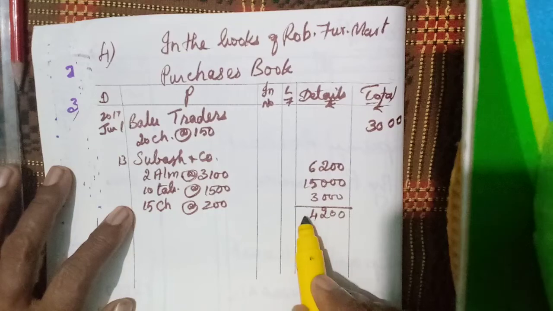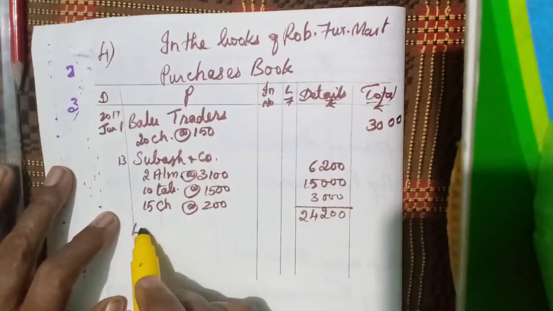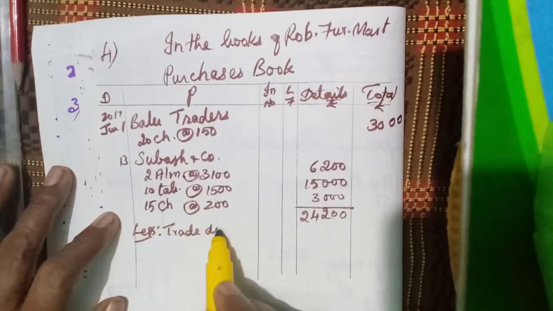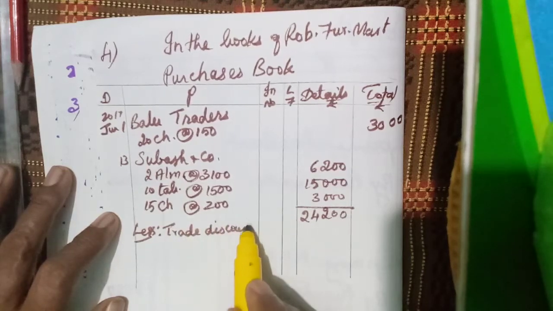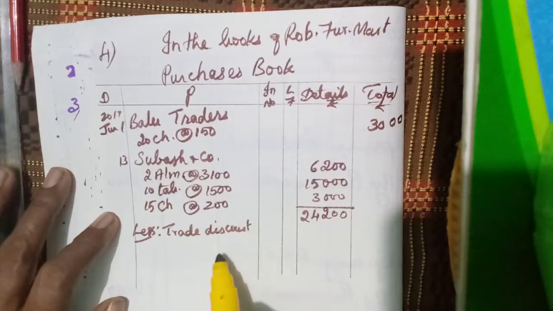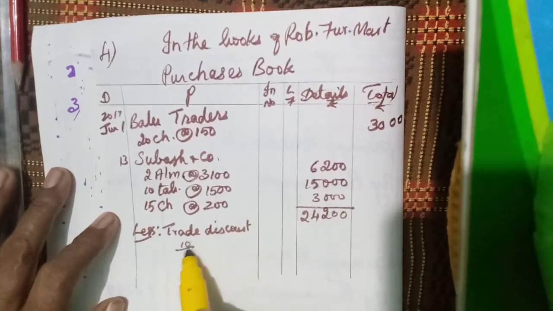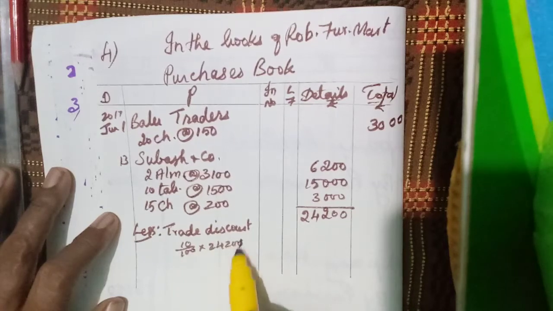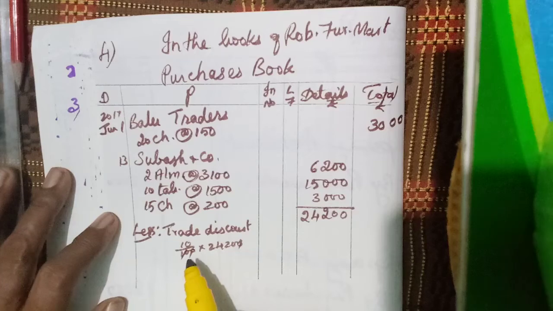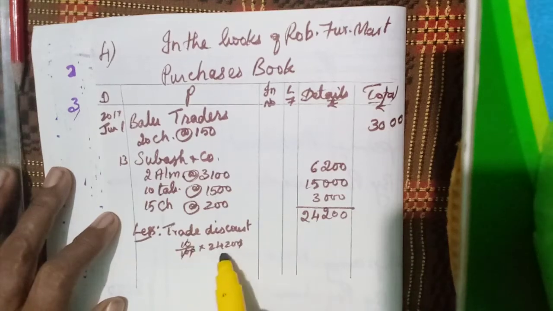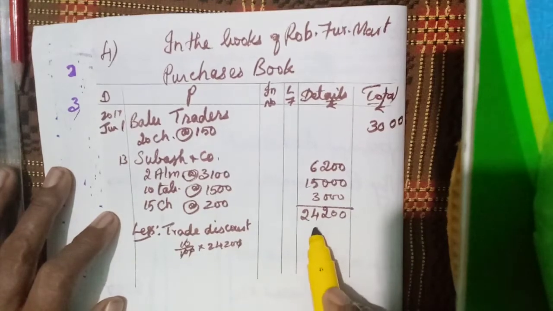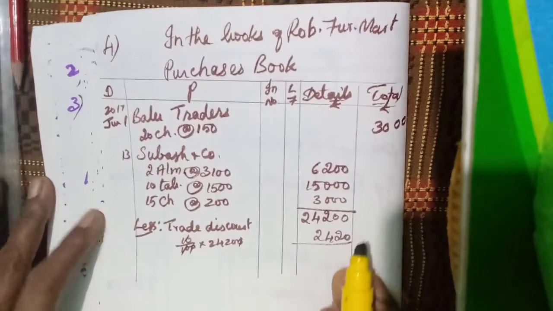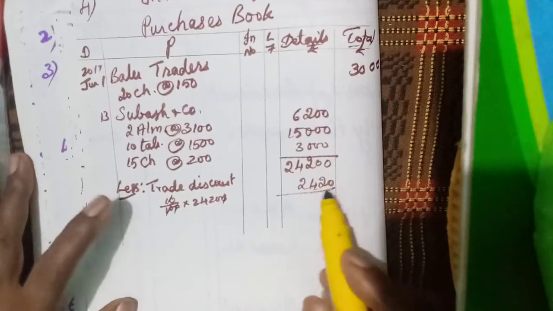Less trade discount. How much? 10%. 10 by 100 into 24,200. Here 1 0, here 1 0, here 1 0, here 1 0. 2,420. Simply we can cut one zero and write. That's all, 10%.